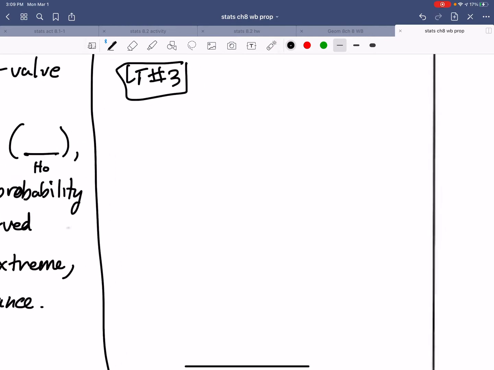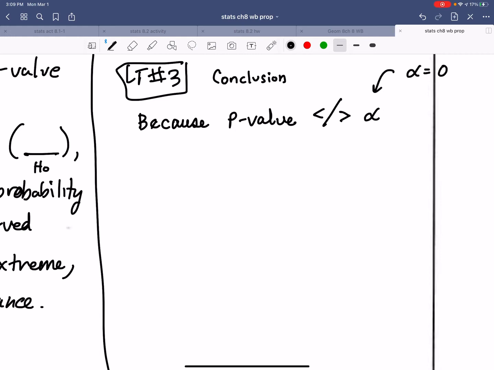All right, now my last learning target, learning target 3. Let's zoom in. Now, of course, we have multiple steps to these, and that's going to be my conclusion. So we usually start this by saying, because our p-value, whatever that is, is either less than or greater than alpha, which we presume, unless they tell us otherwise, is 0.05.